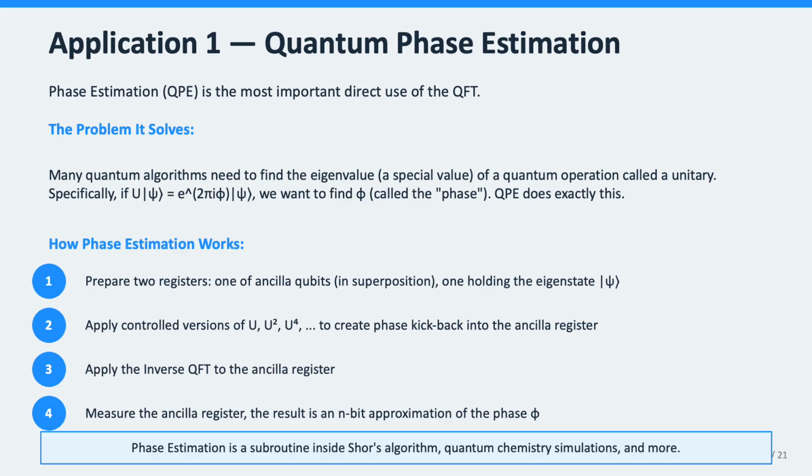Phase estimation is used in quantum chemistry to find the ground state energies of molecules, which could revolutionize drug discovery. It is also used in optimization problems and serves as a subroutine inside Shor's algorithm, which we will look at next.